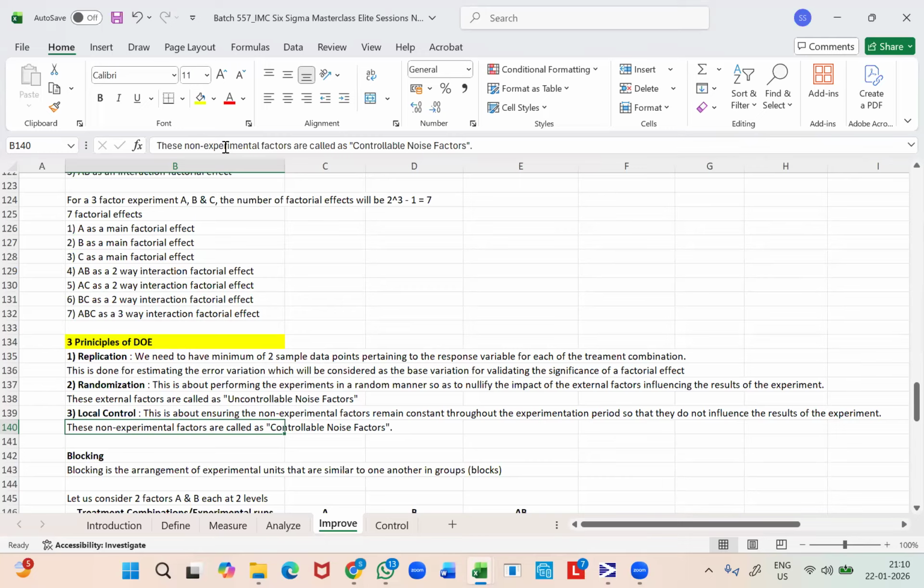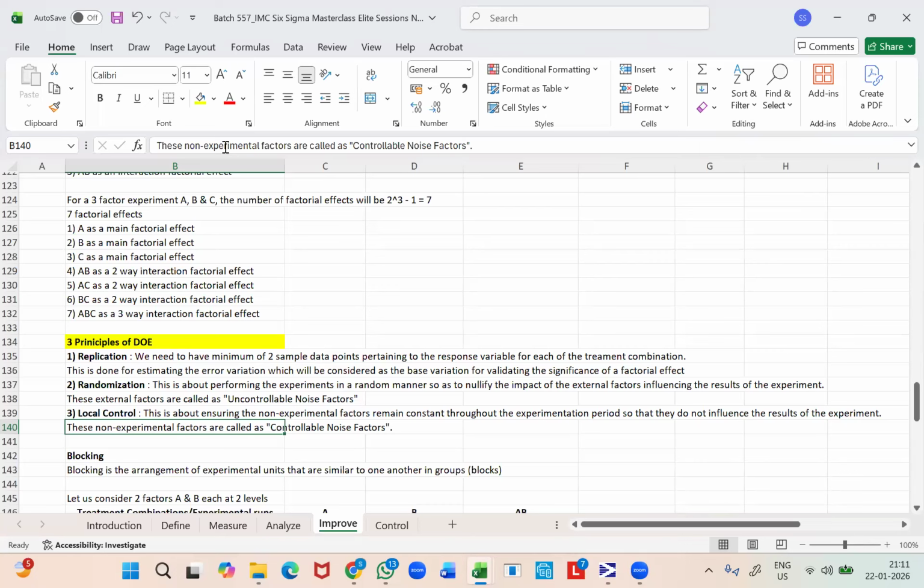External factors will be referred to as uncontrollable noise factors, whereas non-experimental factors like milk, sugar, etc., will be called controllable noise factors because we can easily control these factors. But the external factors, like nature, are very difficult for us to control, right? That is why external factors are uncontrollable noise factors and the non-experimental factors like milk and sugar in coffee preparation are considered controllable noise factors.